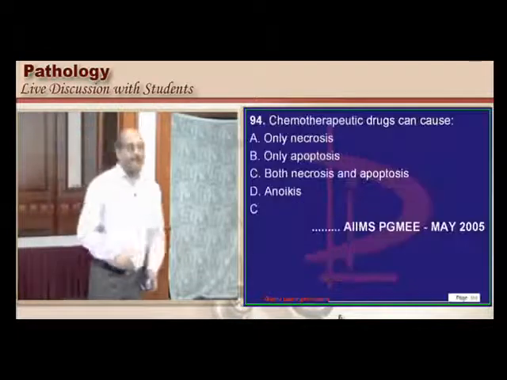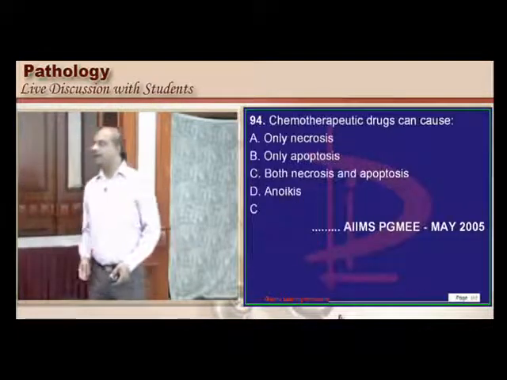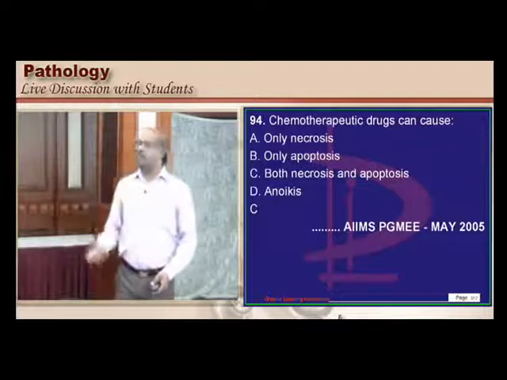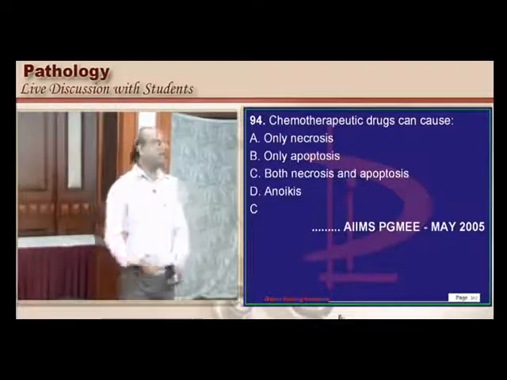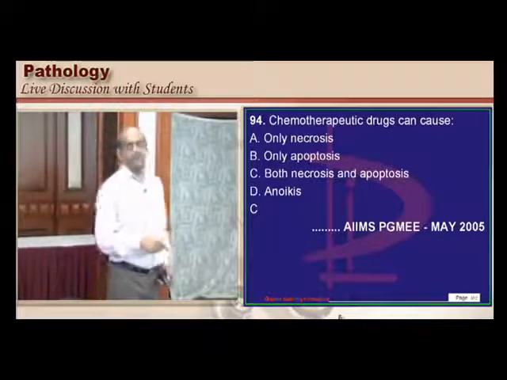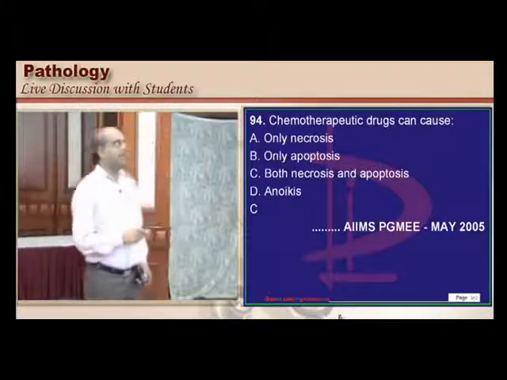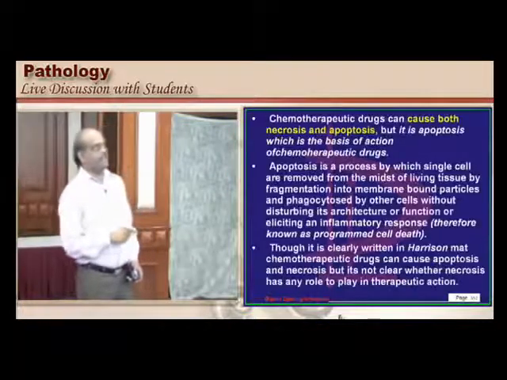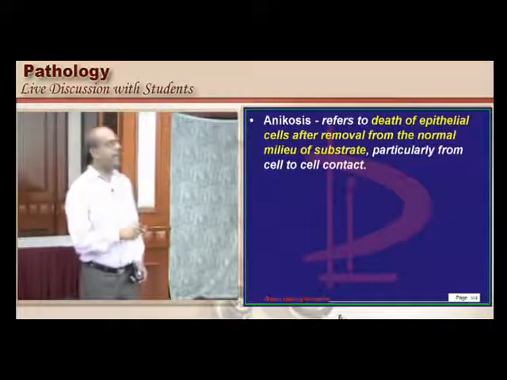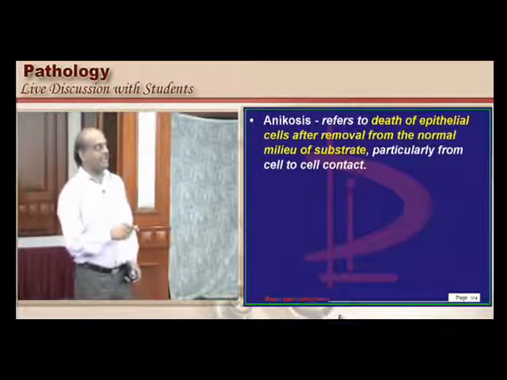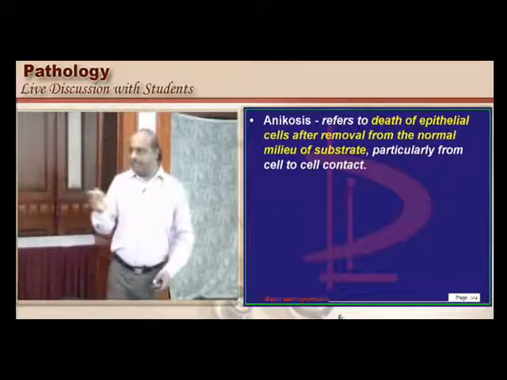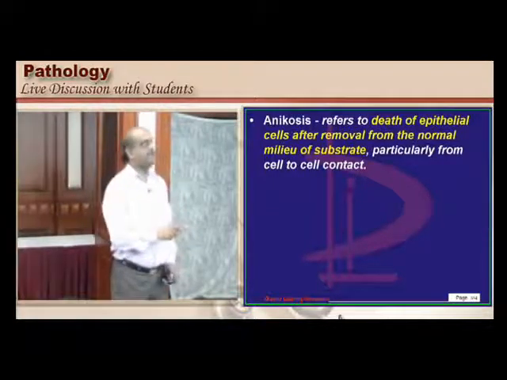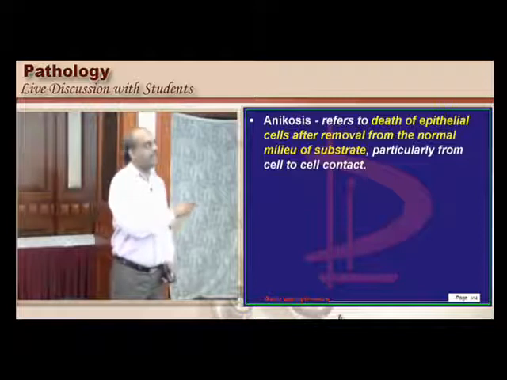How do chemotherapeutic agents show their effect and kill the cancer cells? Two ways. Directly by initiating necrosis and apoptosis is one method, done basically by the chemotherapeutic agents. And what do you mean by anoikis? One of the terms given was anoikis. Anoikis is basically if you detach an epithelial cell from its cell adhesion, then that leads to its death.